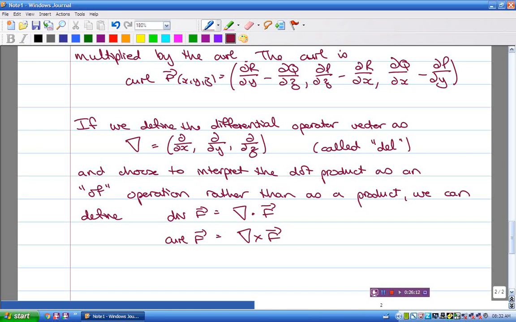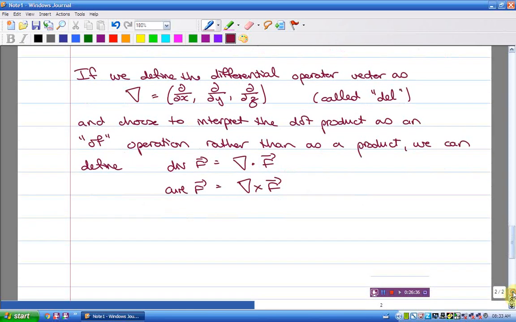Yes? Could you explain how we interpret the dot product as an operation rather than... I should probably do a calculation to demonstrate that, and I am going to. So basically what that means is, let's make up an F: xy, x squared plus z squared, 2yz.